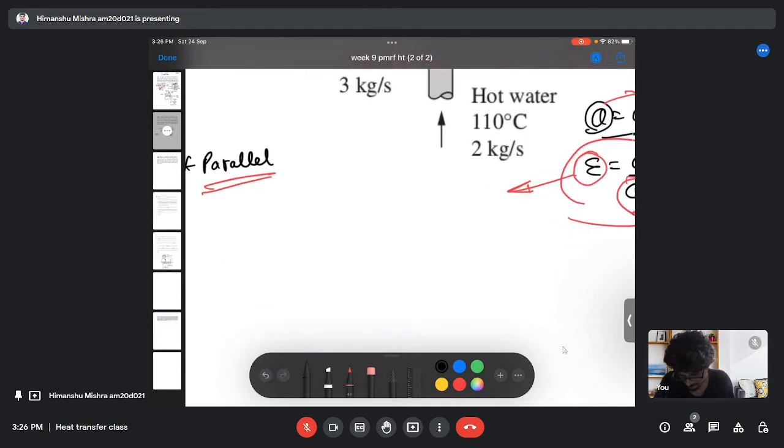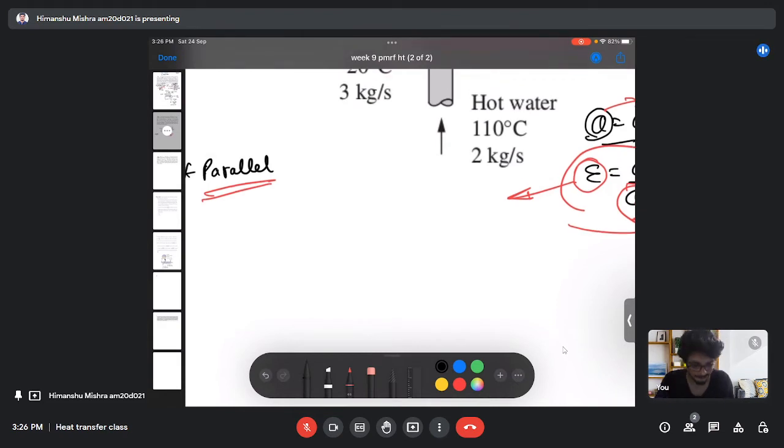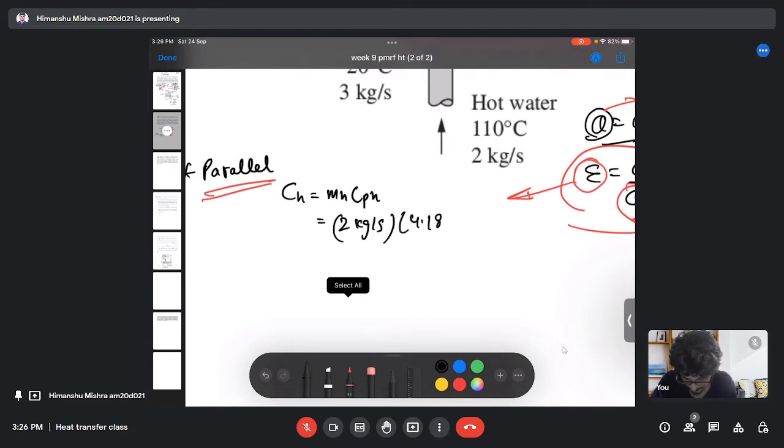So let's find the heat capacity rate first. For the hot water, the mass flow rate for the hot fluid is 2 kg per second, and specific heat is 4.18 kilojoule per kg degree Celsius. So on solving, the heat capacity for the hot fluid will be 8.36.